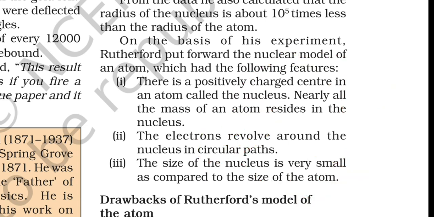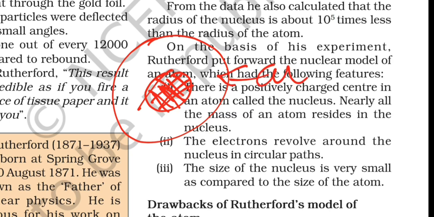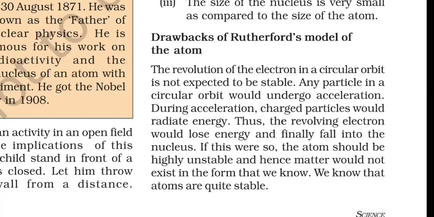The size of the nucleus is very small as compared to the size of the atom. एटम के बीच में जो न्यूक्लियस है, that nucleus is a very small part which is present in the atom. ओके, सो रुदरफोर्ड ने टोटल कितने पॉइंट्स बताए, उसका न्यूक्लियर मॉडल क्या है. The first thing, the nucleus is positively charged. Second thing, the nucleus is very small than the atom.